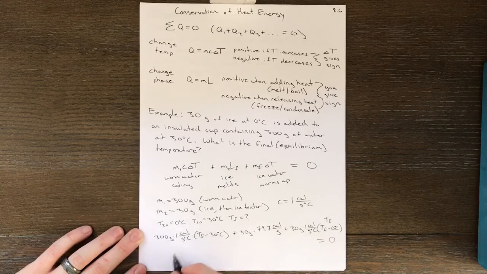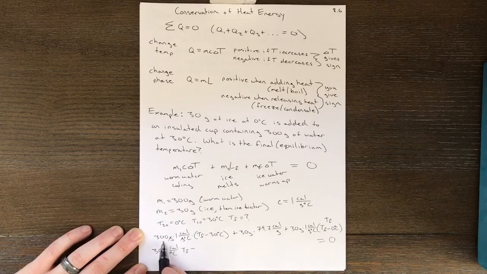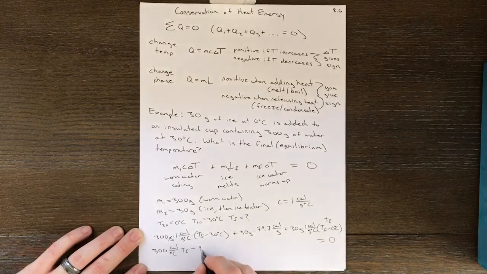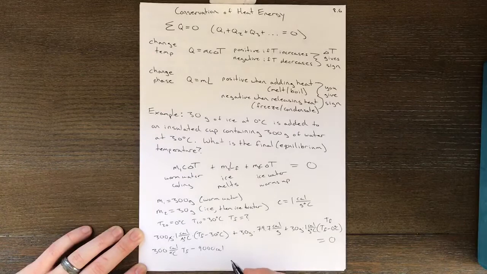Multiplying 300 grams times 1 calorie per gram degree Celsius, the grams cancel, and I have 300 calories per degree Celsius times T final minus, I can multiply all of this together, 300 grams times 1 calorie per gram degree Celsius times negative 30 degrees. All of that becomes negative 9,000 calories.